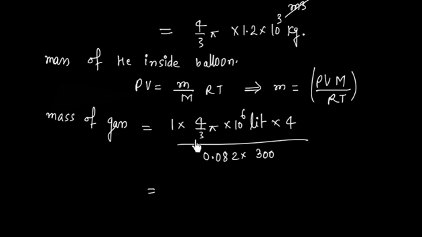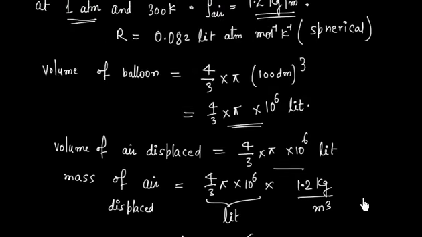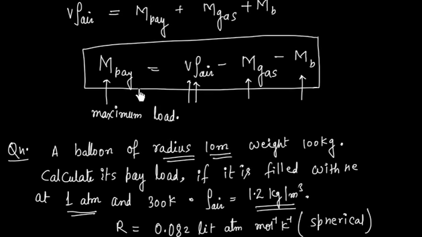Now we can say from here, 4/3 pi 10 to the power 6 into 4, divided by 0.082 into 300. So this is the mass of gas in gram. Now we can apply this formula: mass of payload is V into rho minus mass of gas minus mass of balloon.